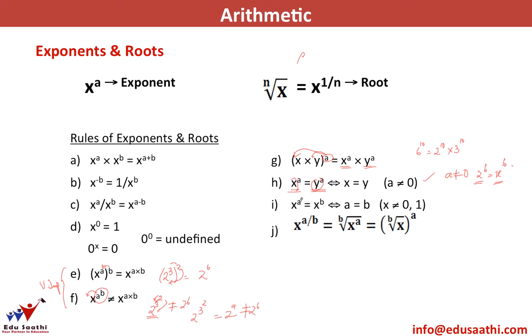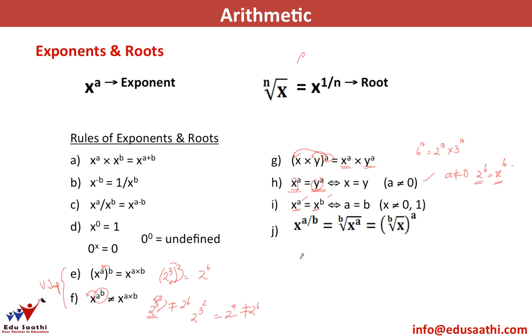Similarly, if you have x raised to power a equal to x raised to power b, now here the bases are same, that means the powers would also be same. Again, this x should not be equal to 0 or 1, because 0 raised to power anything is 0 and 1 raised to power anything is again 1. So if the bases are same, the powers can be compared. If the powers are same, the bases can be compared.